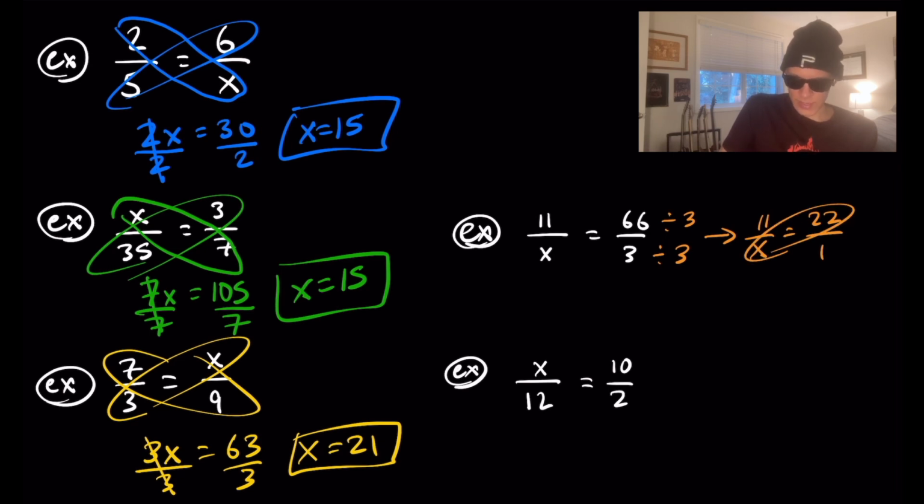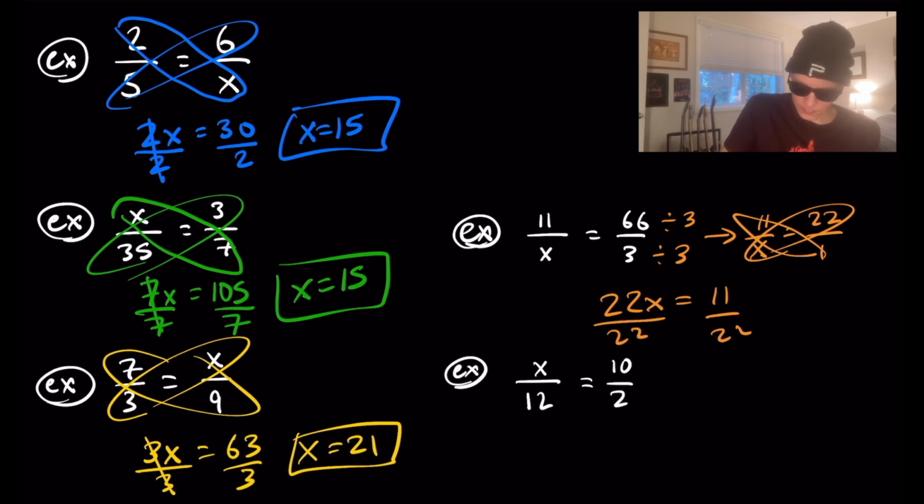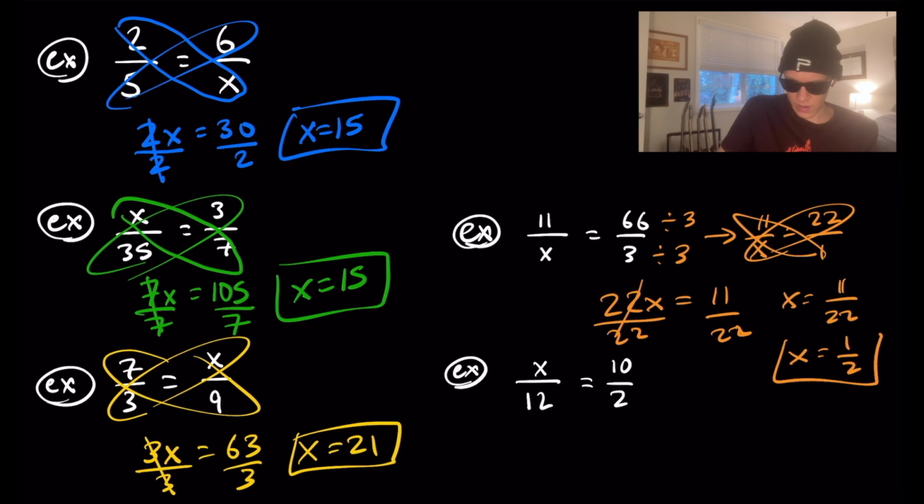So I'll do x times 22, which is 22x, and then 11 times 1, which is 11. I'll divide both sides by 22 and get x is equal to 11 over 22. That's just another way of saying 1/2. You can divide both 11 and 22 by 11 and get x is equal to 1/2.